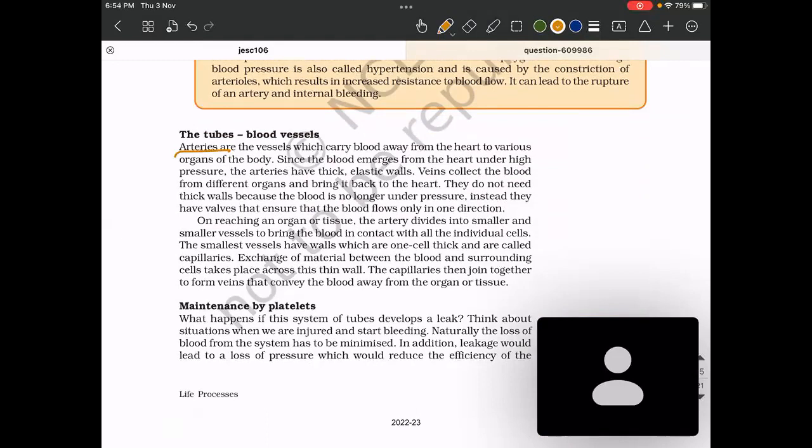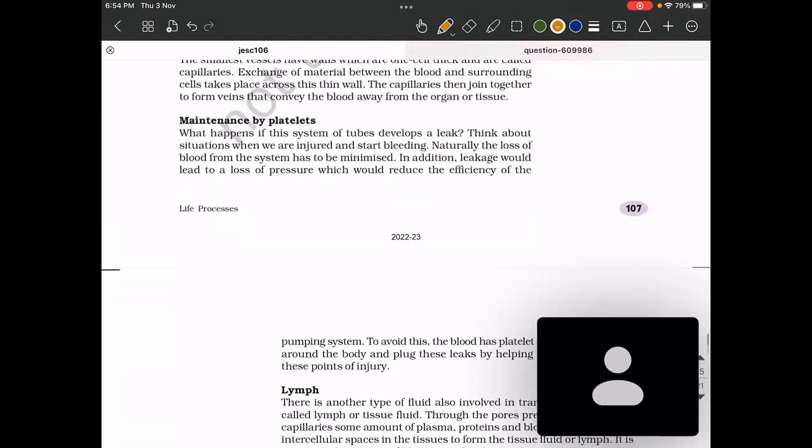Arteries carry the blood away from the heart to the organs, and veins collect the blood from the different parts of the body and transport it to the heart. Arteries go from the heart to different parts; veins go from different organs to the heart. That's very, very important: the basic functions of arteries and veins.